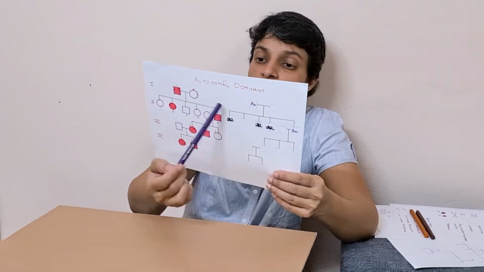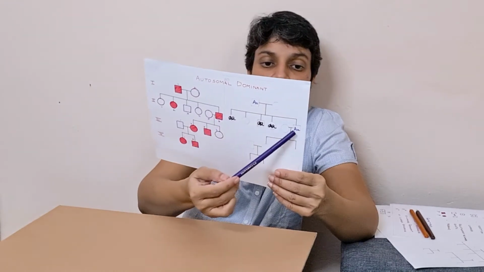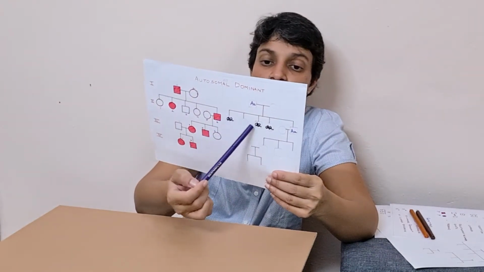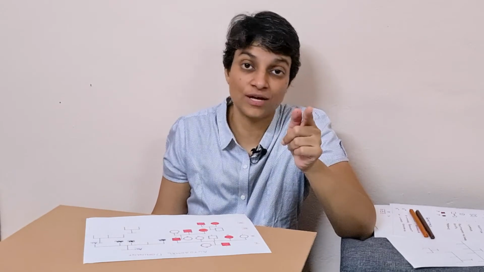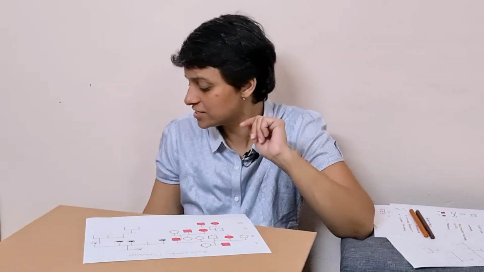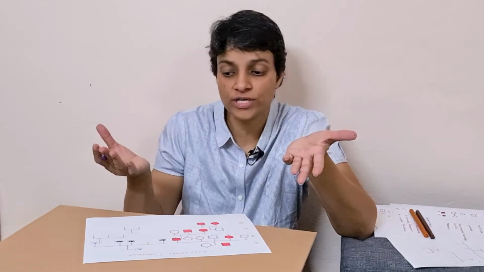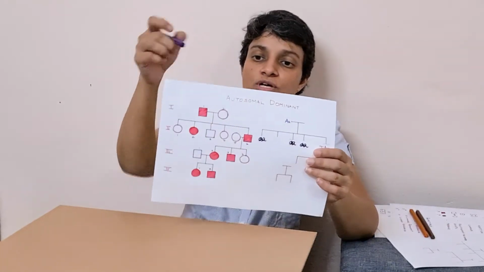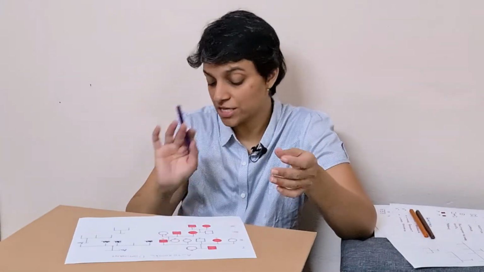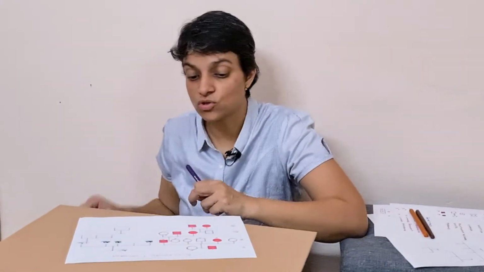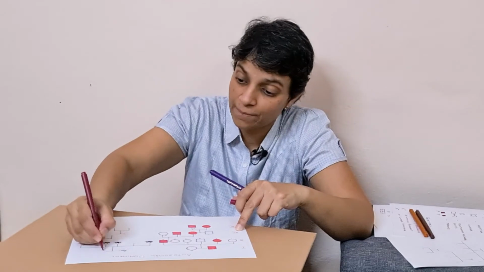And the child which is affected shows capital A, small a. And for the children to get small a, the mother can be a heterozygote. But if she is a heterozygote, it means that she is carrying one capital A. She must show the disease. But here she is not showing the disease. Mother is not showing the disease. That means she doesn't have any capital A in her genotype. So the mother is small a, small a.